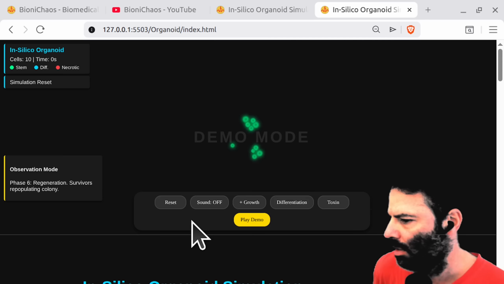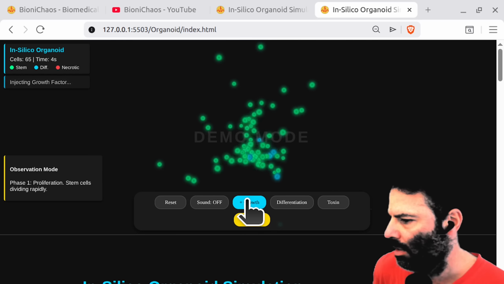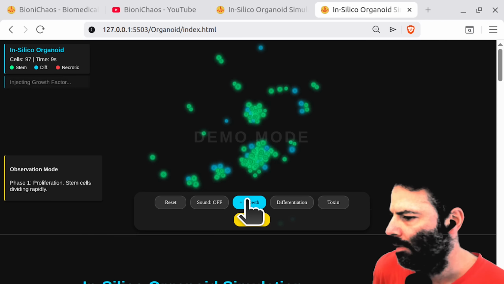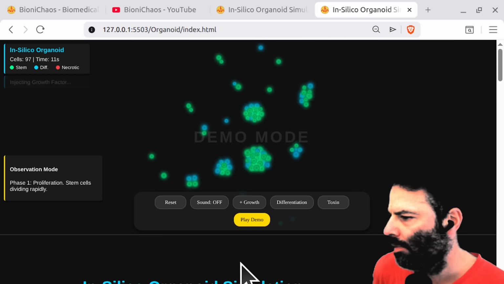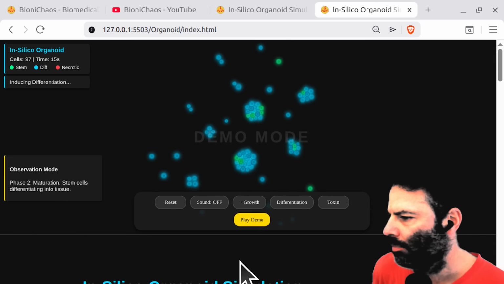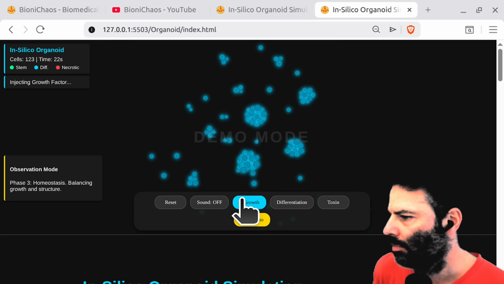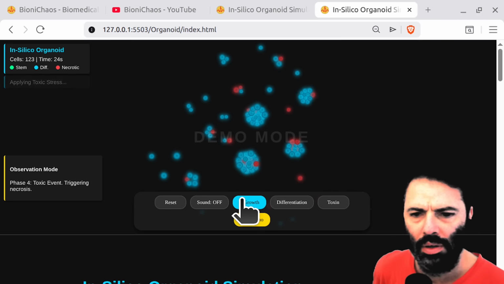When you click toxin, deaths are triggered but the fade out takes 5 seconds, so count drops gradually, normal. Bottom line, the button works every time, but only adds cells if green stem cells exist. If you see injecting growth factor with no cell count change, check if you have any green cells left. Want me to add a visual indicator, e.g., no stem cells available, when growth button is clicked but there's nothing to divide?